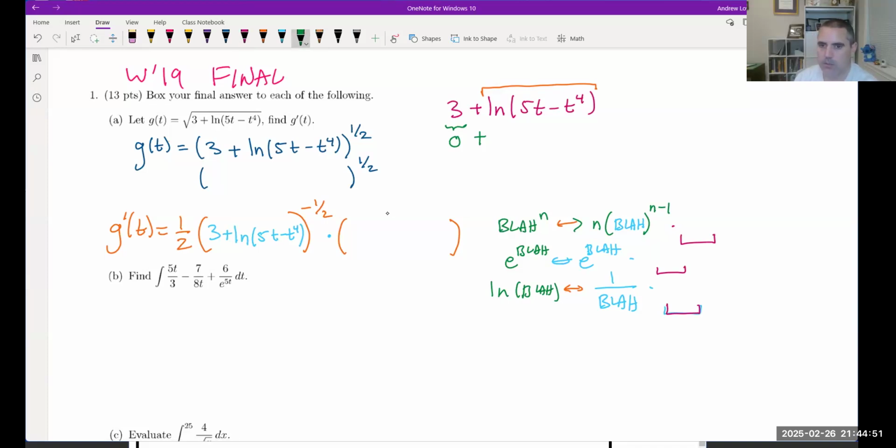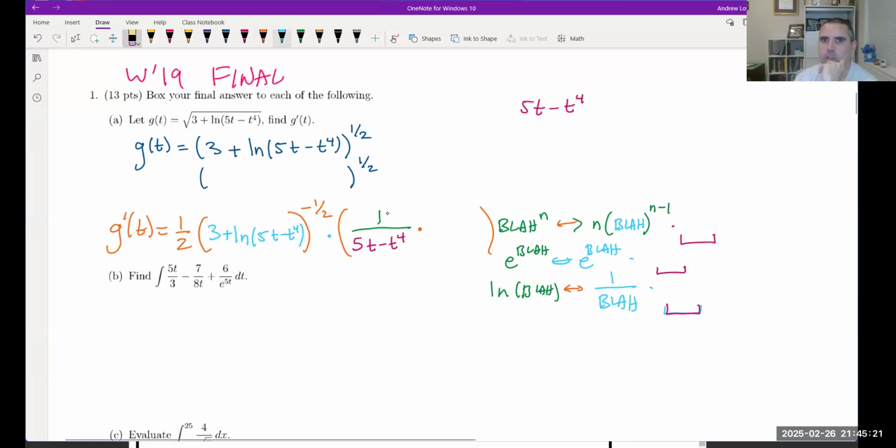So it's 0 plus, I don't need to write that. 1 over, and now we're done with the log part. 1 over whatever's on the inside. So it's 5t. Then we put a dot. And now we're done with all that. And then whatever the derivative of this is goes here.